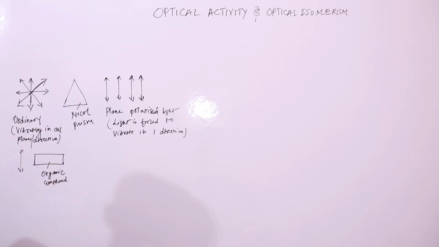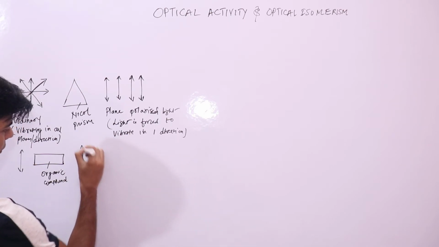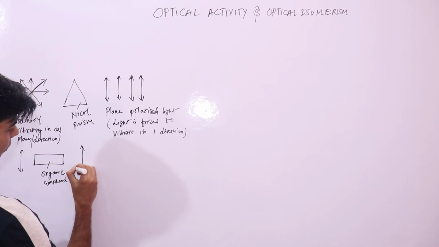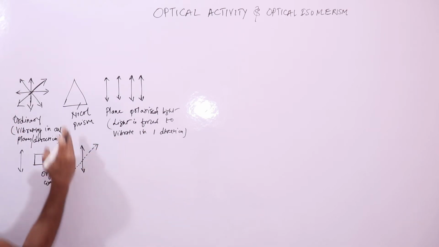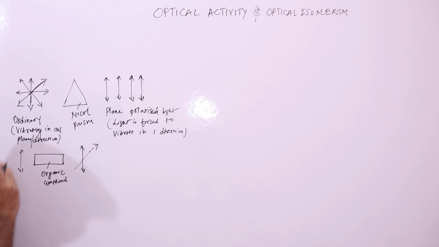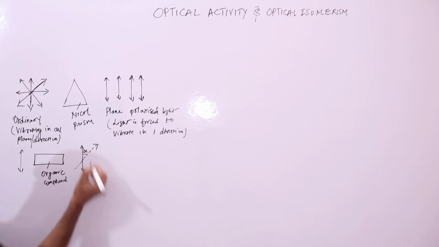The solution of this compound will rotate the plane of this polarized light. This is how it was before. Now it would be rotated like this, in this direction. Instead of going this way, after coming through the solution it is going in this direction. That means it is rotated by an angle alpha.